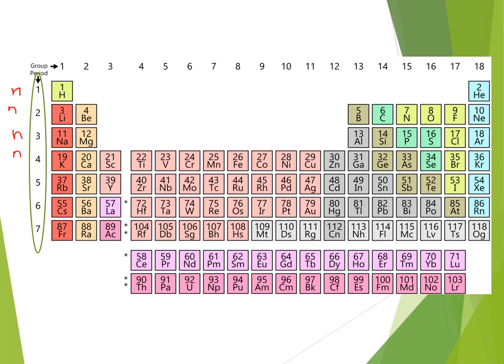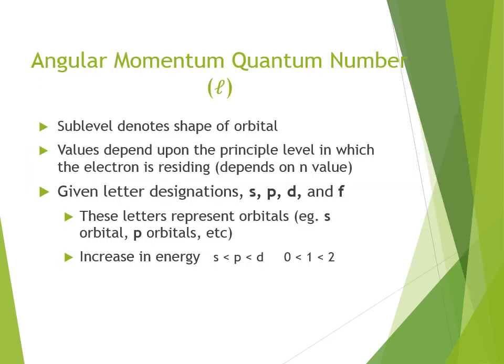This is going to help us identify atoms in the periodic table. So using the principal quantum number on the previous slide, we can figure out which period the element we're trying to describe is in. But we need to narrow it down even further.